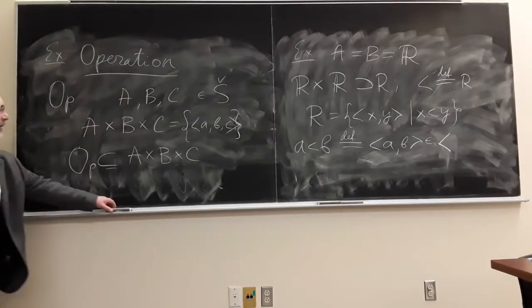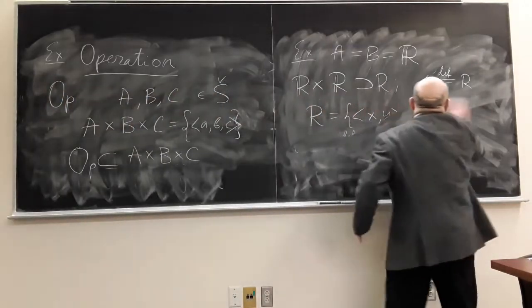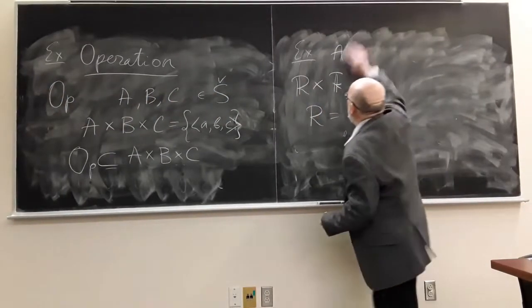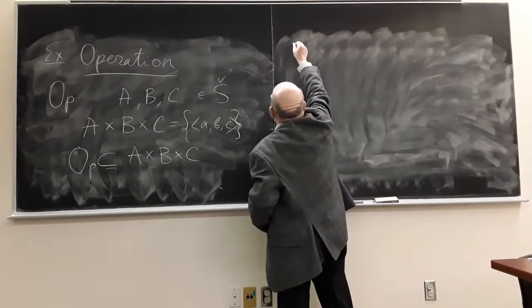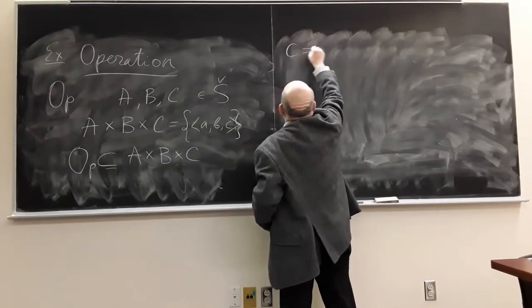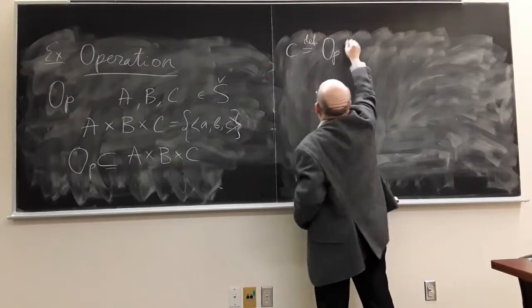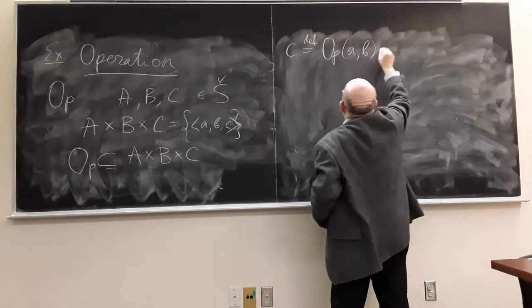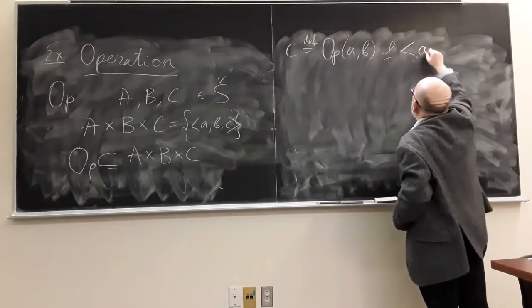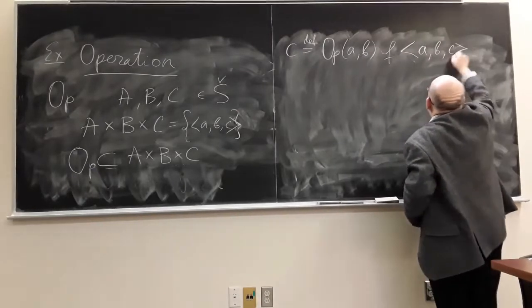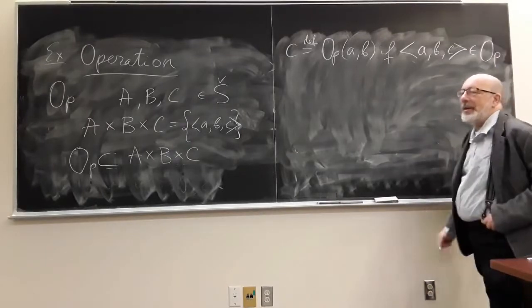This is subset. And we say that C is by definition the result of operation of (A, B) if this triple (A, B, C) is in this set op.